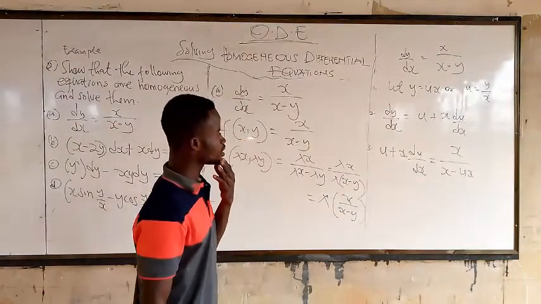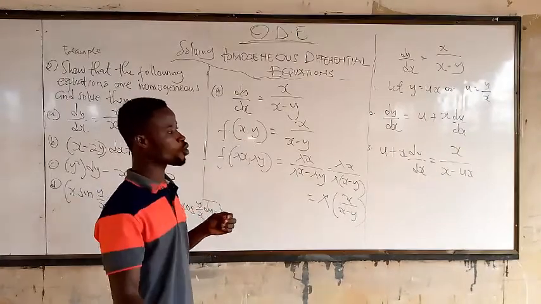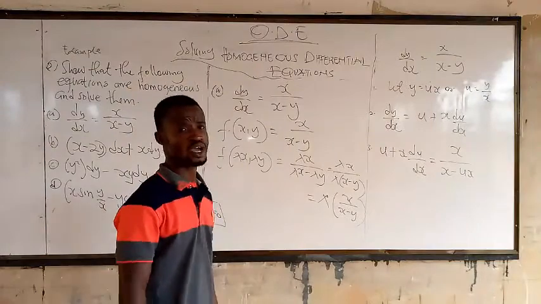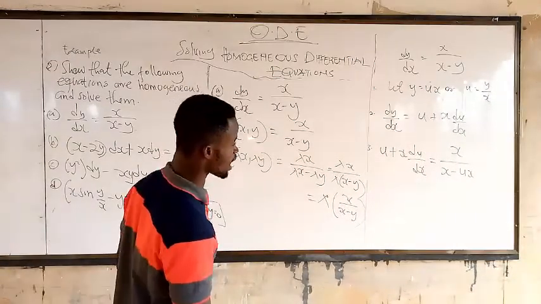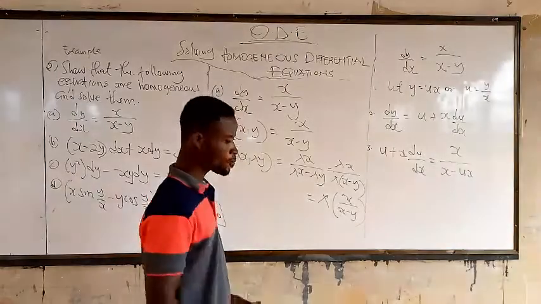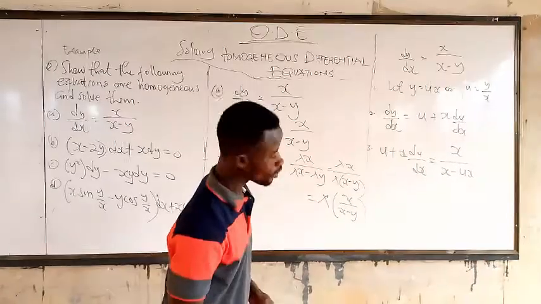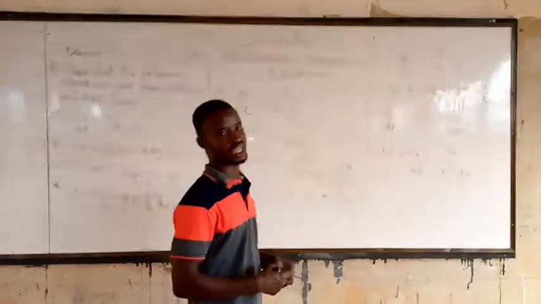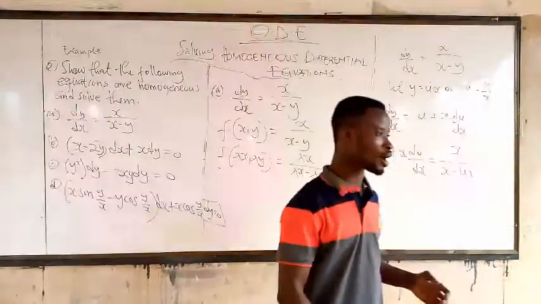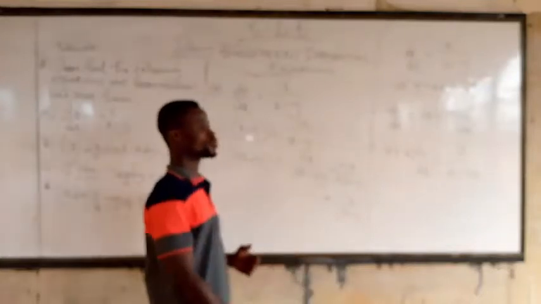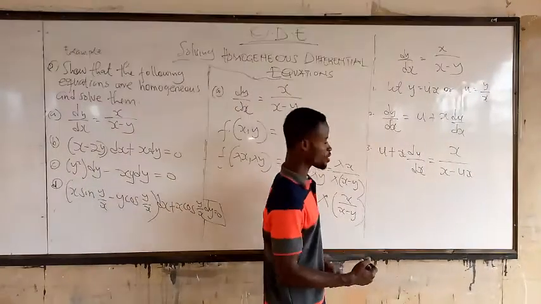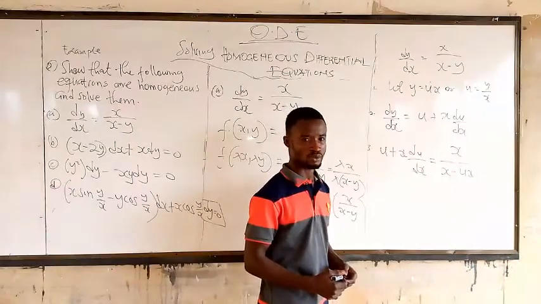It means that we are transforming a homogeneous equation to a separable differential equation, so that we can solve it by separation. To solve the homogeneous differential equation, it's all about transforming an equation to a separable. That is all. That is why we first learned separable differential equations.